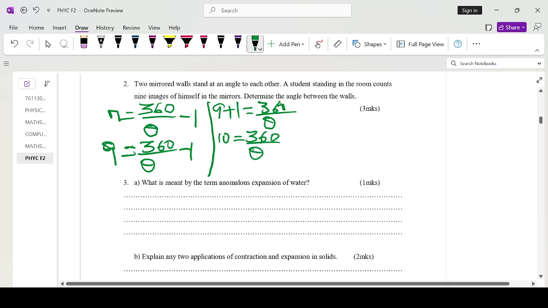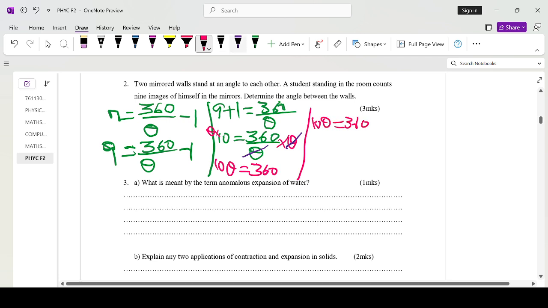I want to remove my theta. I multiply here by theta, also this side by theta. When I do that multiplication, the theta and the theta will cancel, so I'm going to get 10 theta is equal to 360.